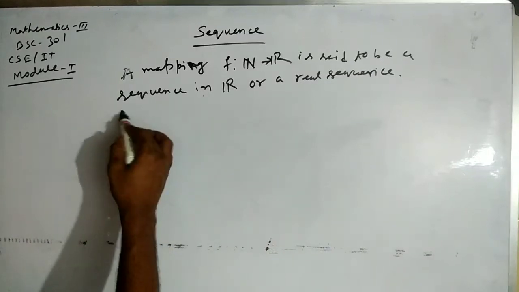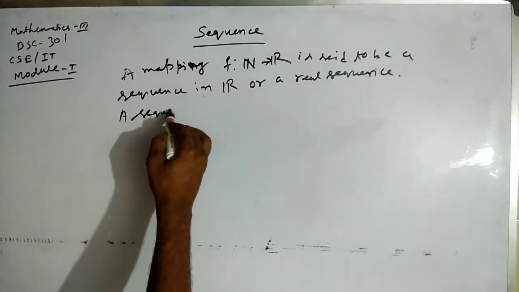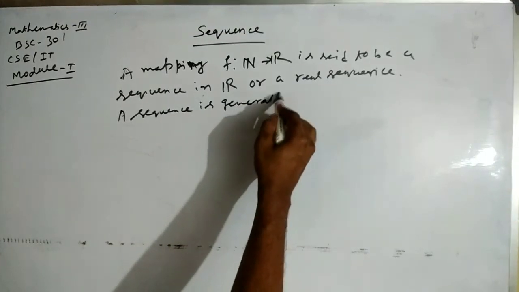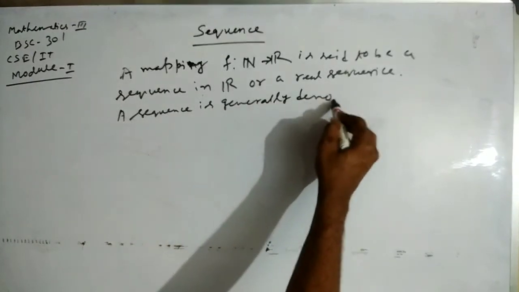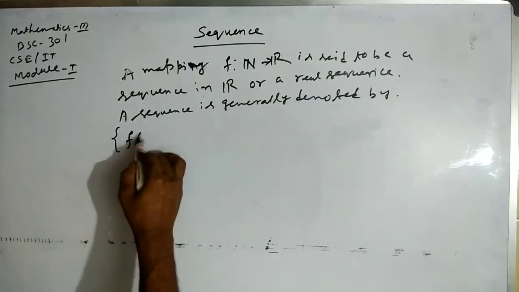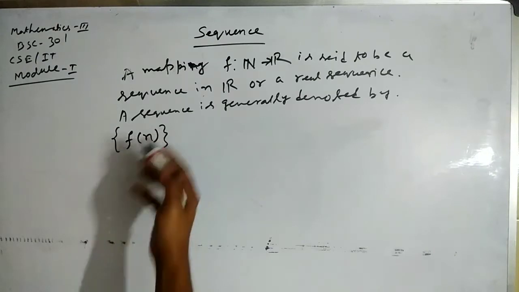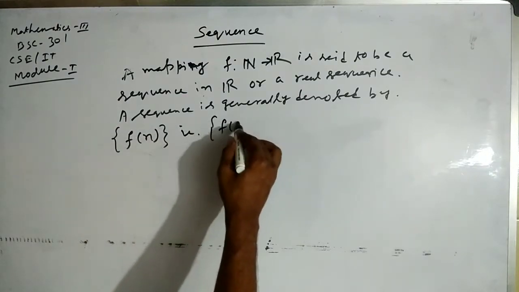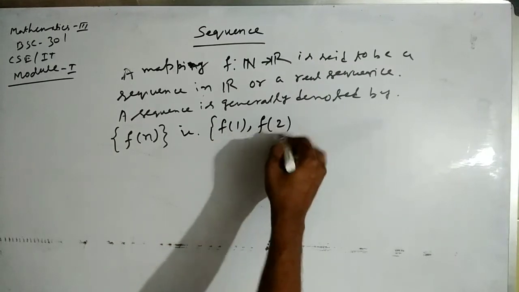Okay, so a sequence is generally denoted like this: {fn} within a second bracket, that is f1, f2.